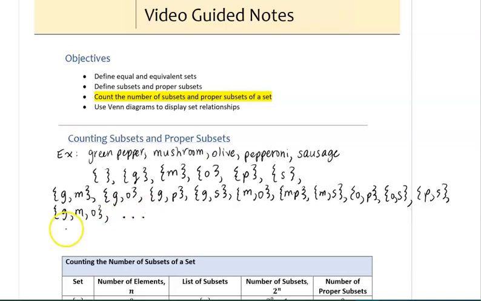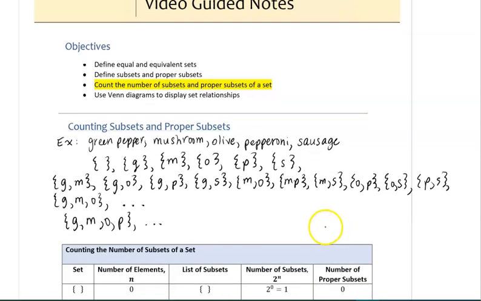And then we can look at the options for 4 topping pizzas, like green peppers, mushrooms, olives, and pepperoni would be one example of a 4 topping pizza, etc. And then I don't have a whole lot of room, so I'm going to write it here. The last option would be to get a pizza with all 5 toppings. So we'd have to fill in some of those blanks there. I didn't list all the 3 topping or 4 topping pizzas.